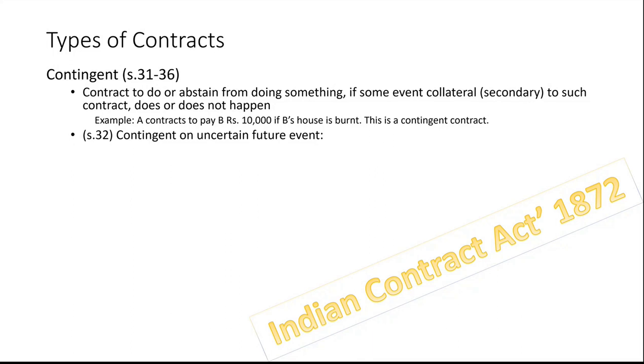Now there's a twist. Now you need to see whether it is valid or void. Contingent, not impossible, but based on an uncertain future event. It is a valid contract. I'm making a promise that if something uncertain happens in future, I'll pay you the money. It's a valid contract. When will it be valid? But that is not uncertain.